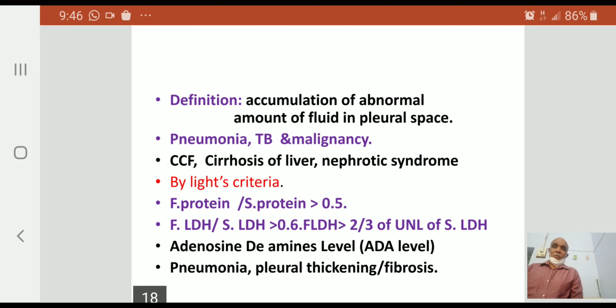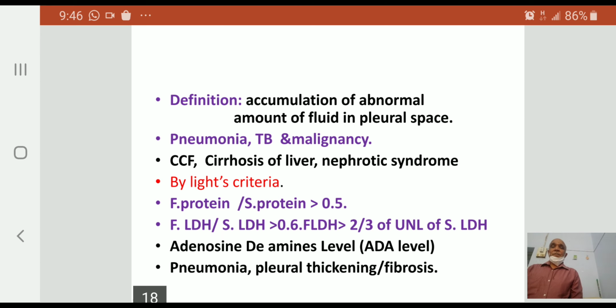Congestive cardiac failure, cirrhosis of the liver, and nephrotic syndrome also produce effusion, of the transudative type.